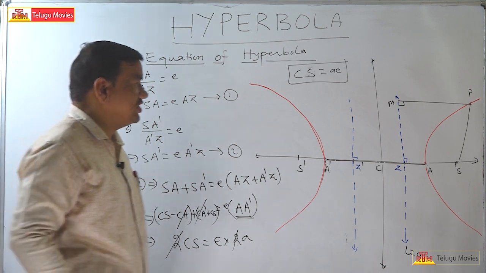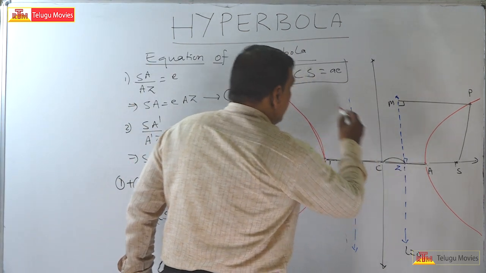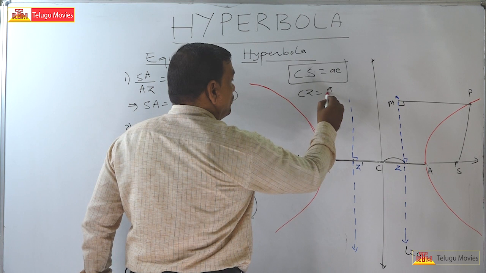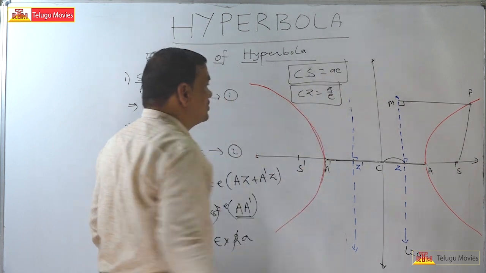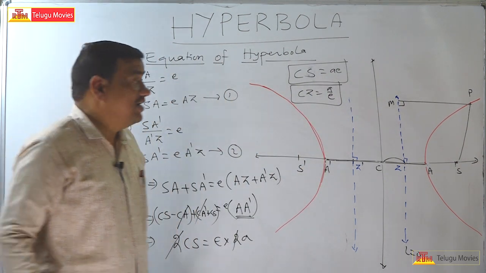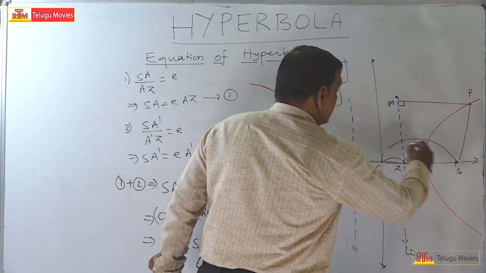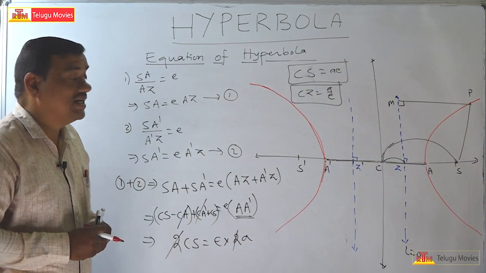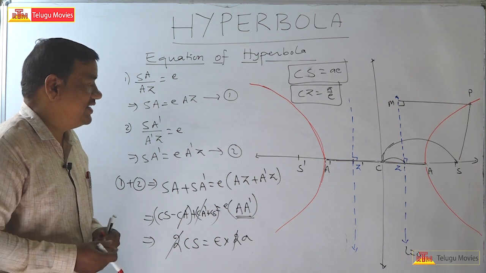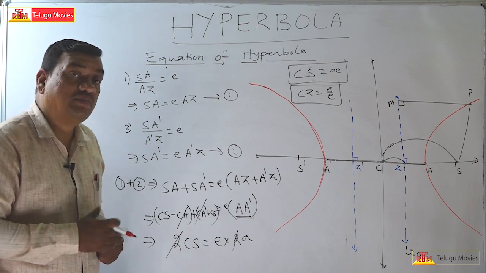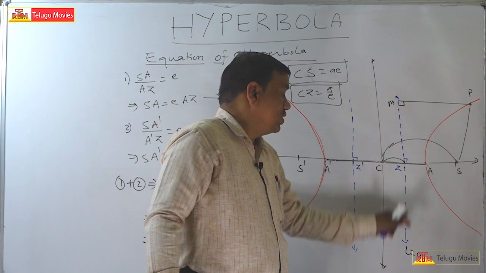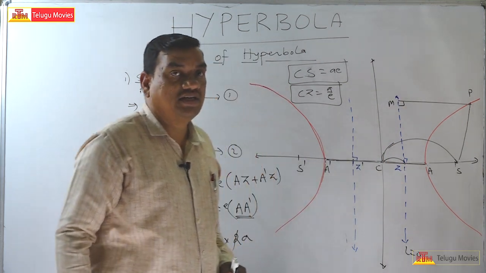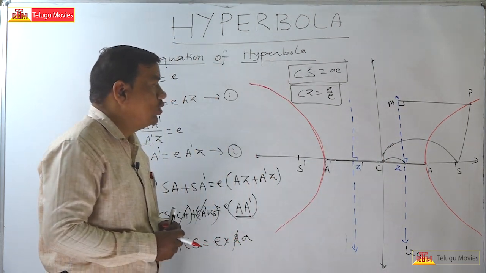The first relation is CZ is equal to A by E. The second relation is CS, from the center to the focus S, equal to AE. From C to Z, the center to the directrix, I got A by E.